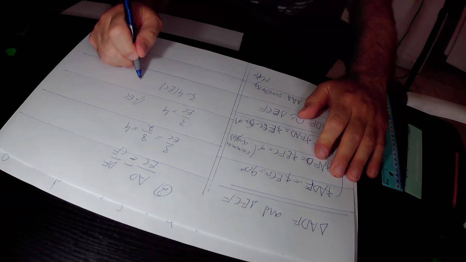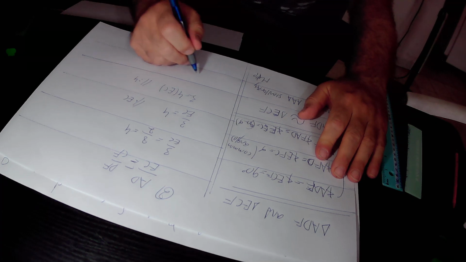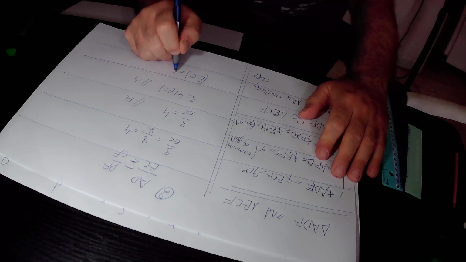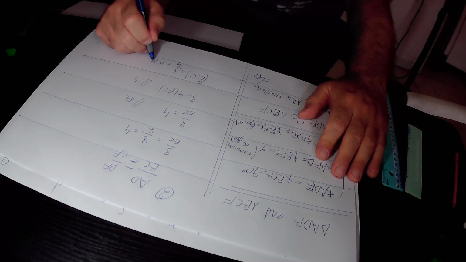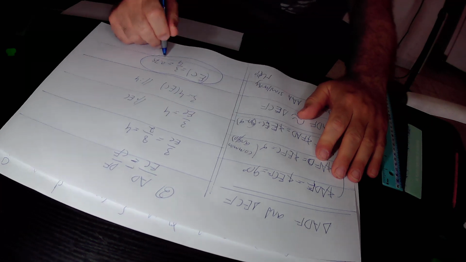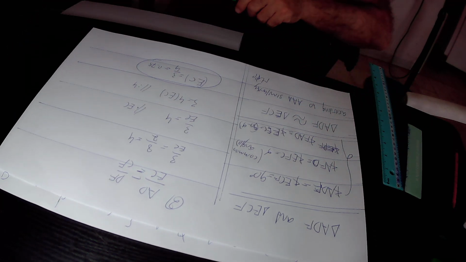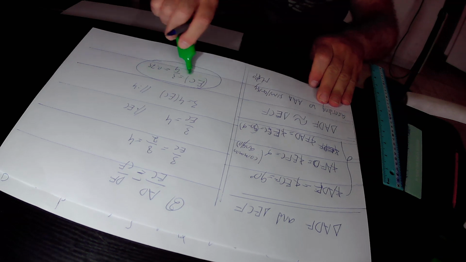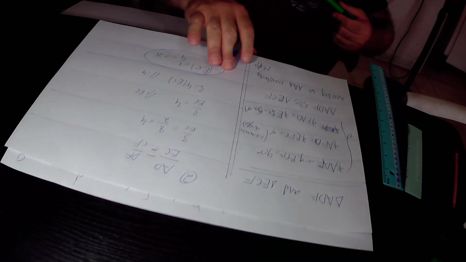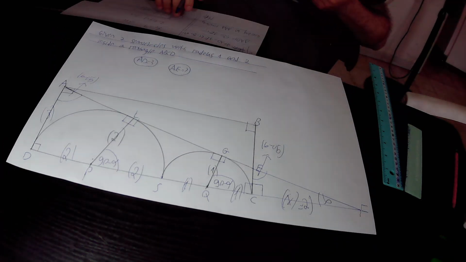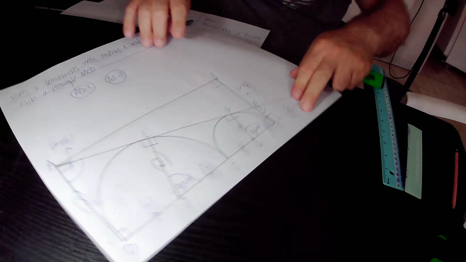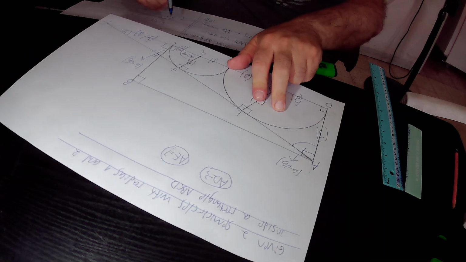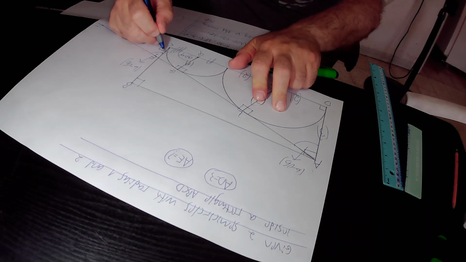Here we divide this equation by 4, and finally we get that the missing side EC equals either 3/4 or 0.75.